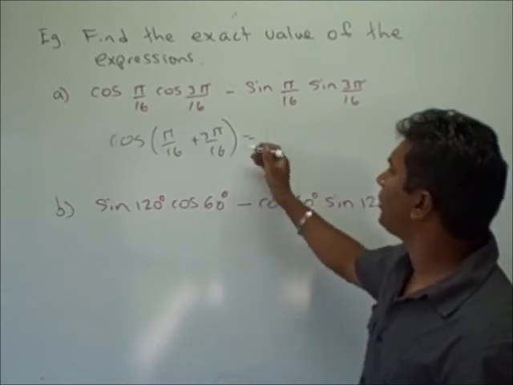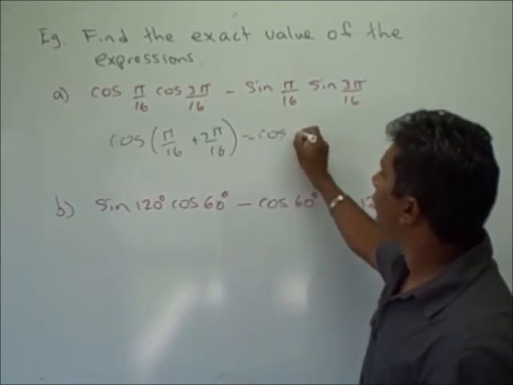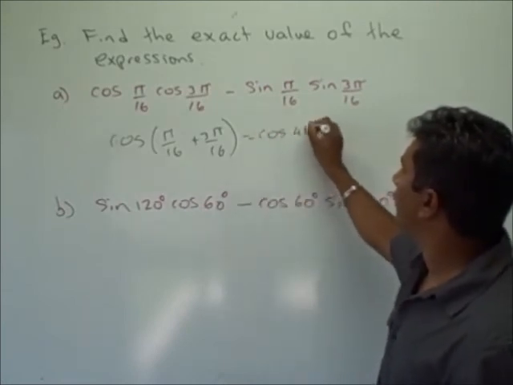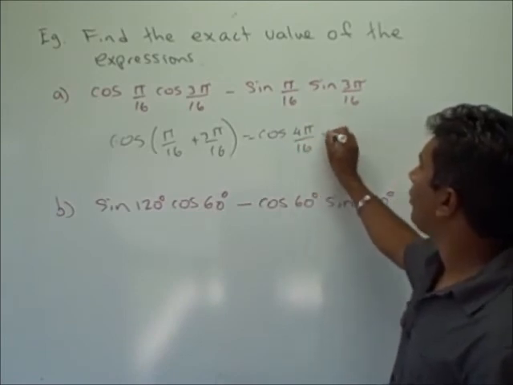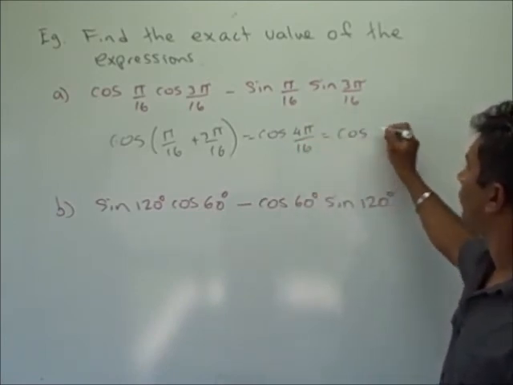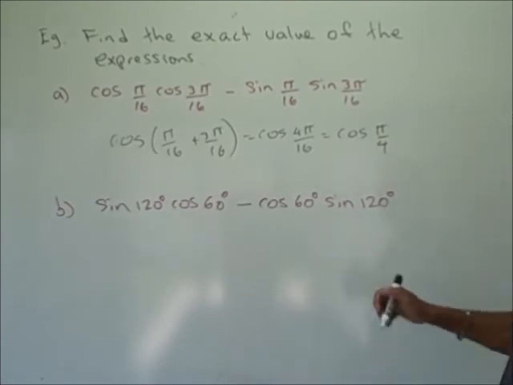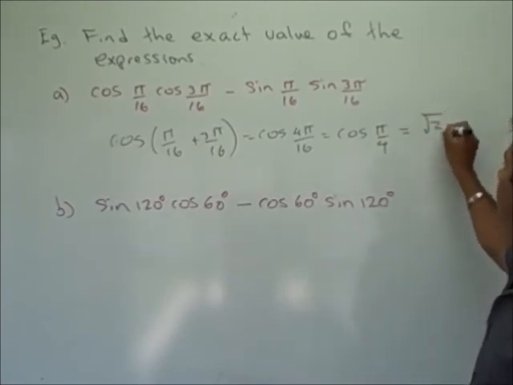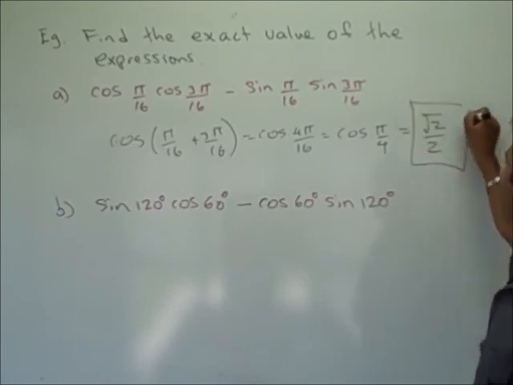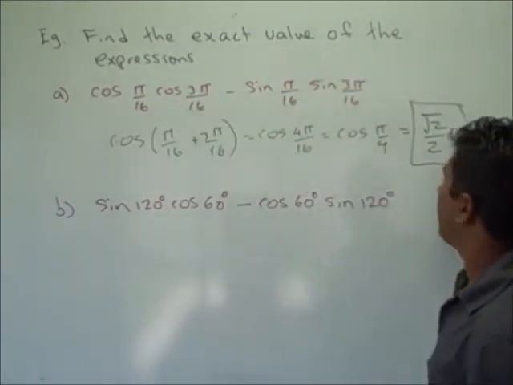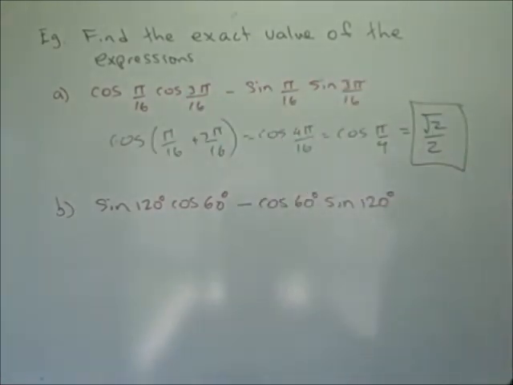Now this simplifies to give us the cosine of 4 pi over 16, or just the cosine of pi over 4. We know that a cosine of pi over 4 is the square root of 2 over 2. So all this simplifies to give us a square root of 2 over 2.